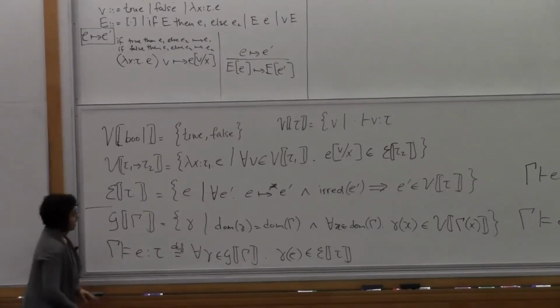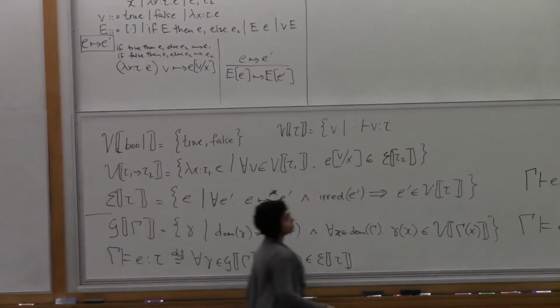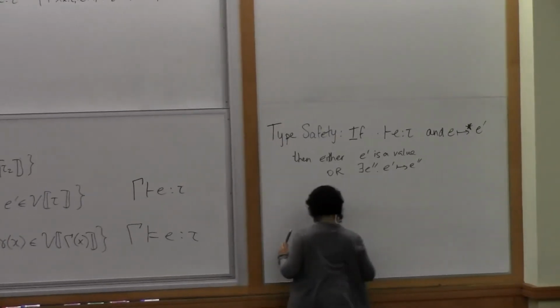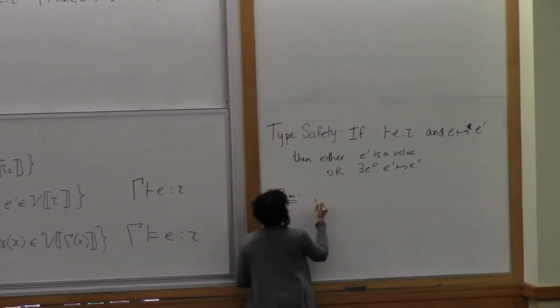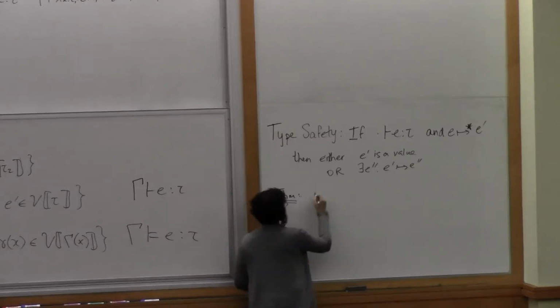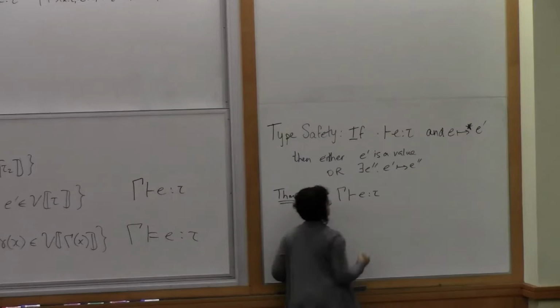Okay. All right, so now that we've defined this, I claim that in order to prove type safety, here's the theorem that I actually need to prove. Or it'll follow, but let's just say it this way.